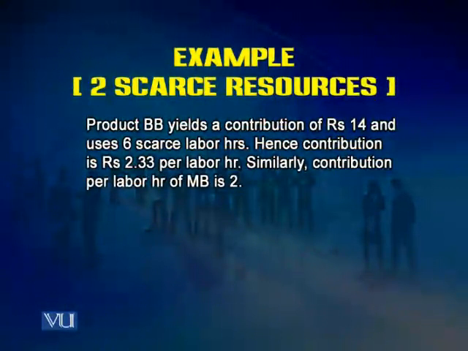Product BB yields a contribution of rupees 14 and uses 6 scarce labor hours. Hence, contribution is rupees 2.33 per labor hour. Similarly, contribution per labor hour of MB is rupees 2.